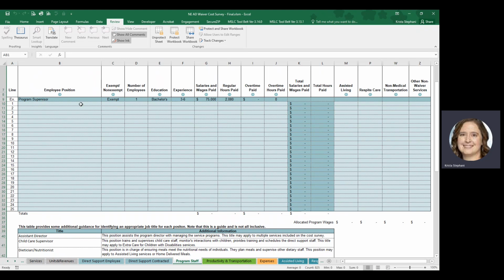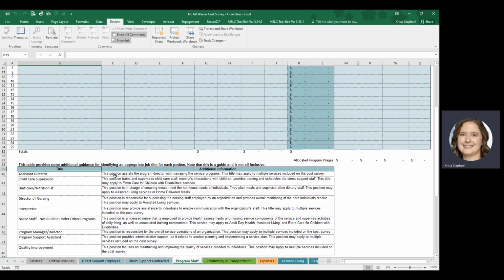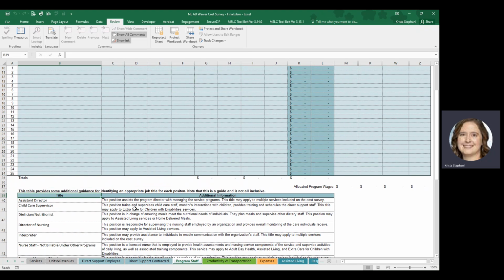So what we are asking you to provide is to choose a position, or you may enter your own. Again, there are descriptions down below and some guidance of what we feel the position, what duties that position fulfills, and what services they may relate to.